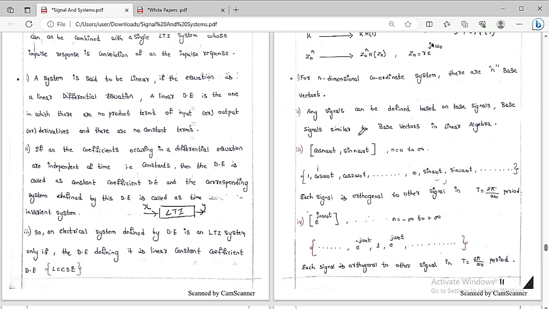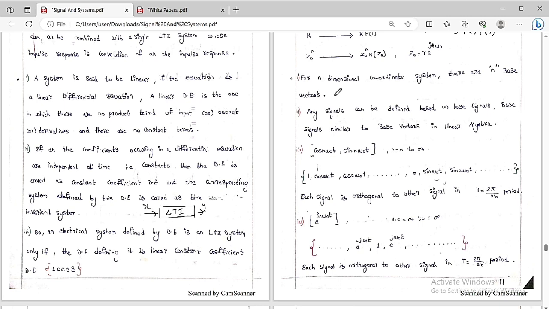Now the next point is, for an n-dimensional coordinate system there are n base vectors. This is a very simple point. For a single dimensional coordinate system there is only one base vector. If you go for a two-dimensional coordinate system there will be two base vectors.